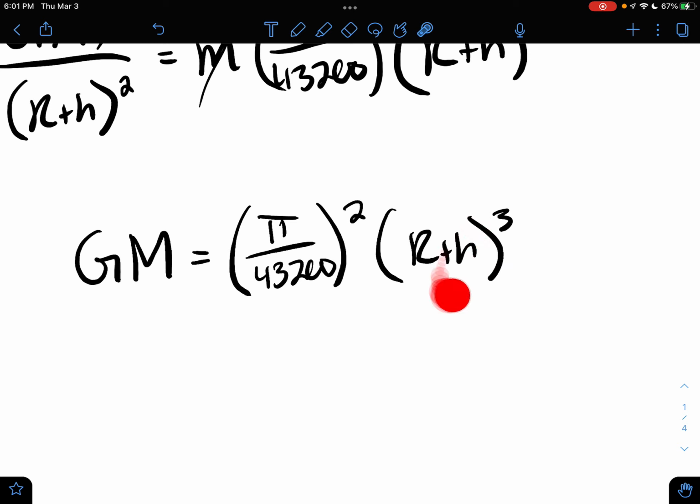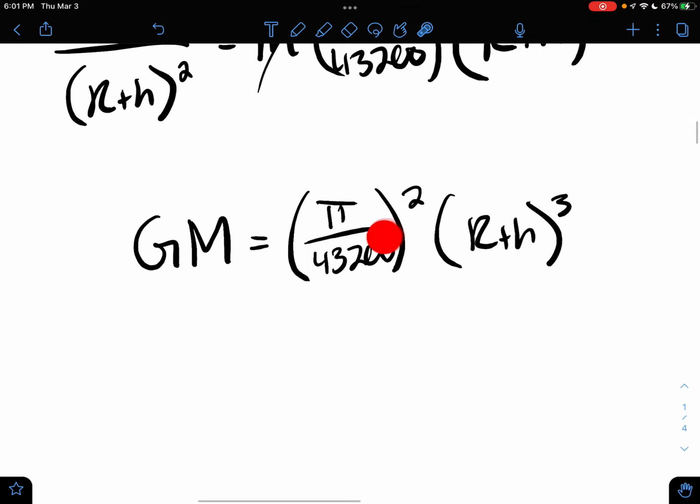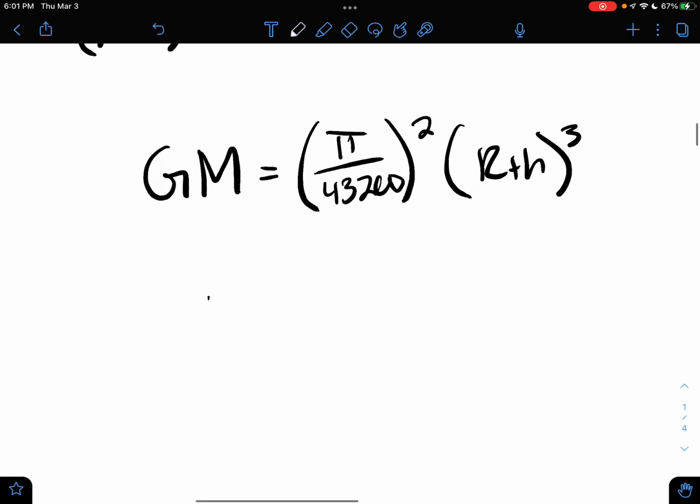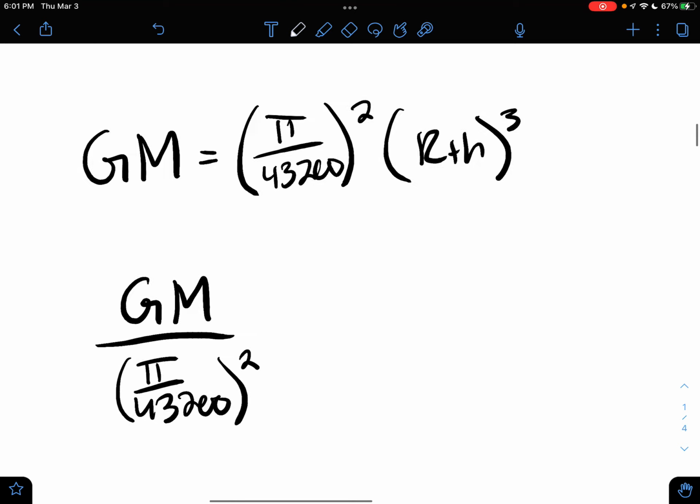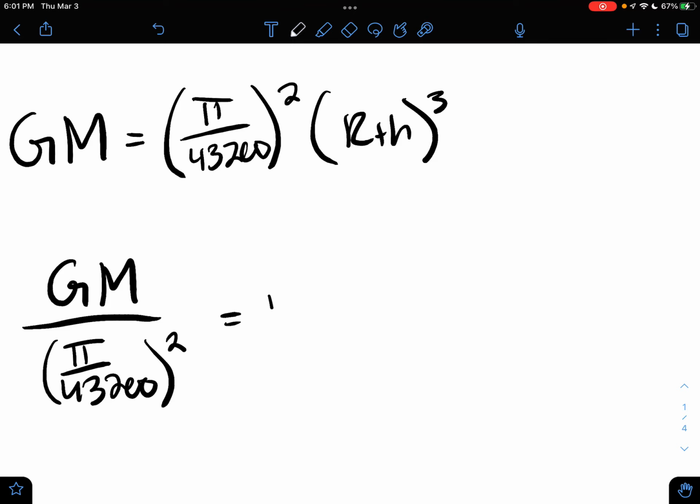And remember, we're solving for this h in terms of everything else, so I'm going to try to isolate h. If I divide both sides by that, I get GM over (pi over 43200) squared, and that's going to equal (r plus h) cubed.